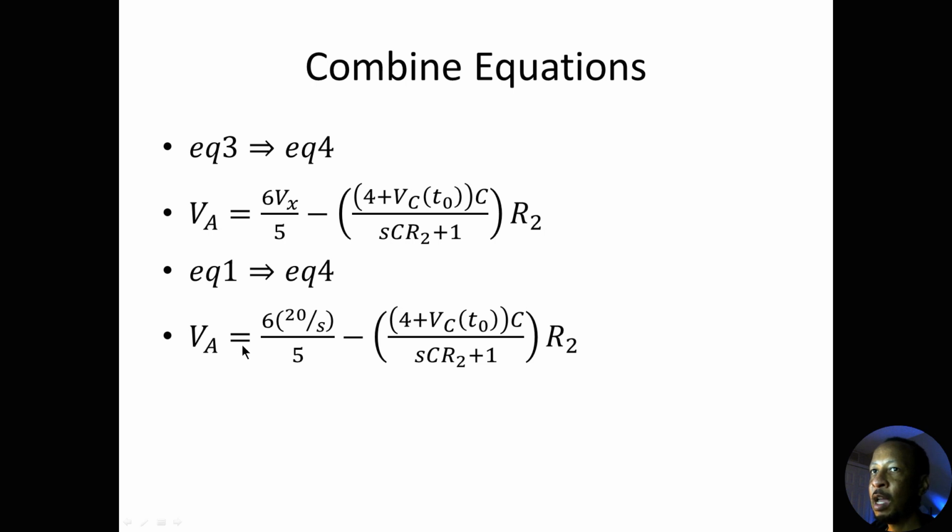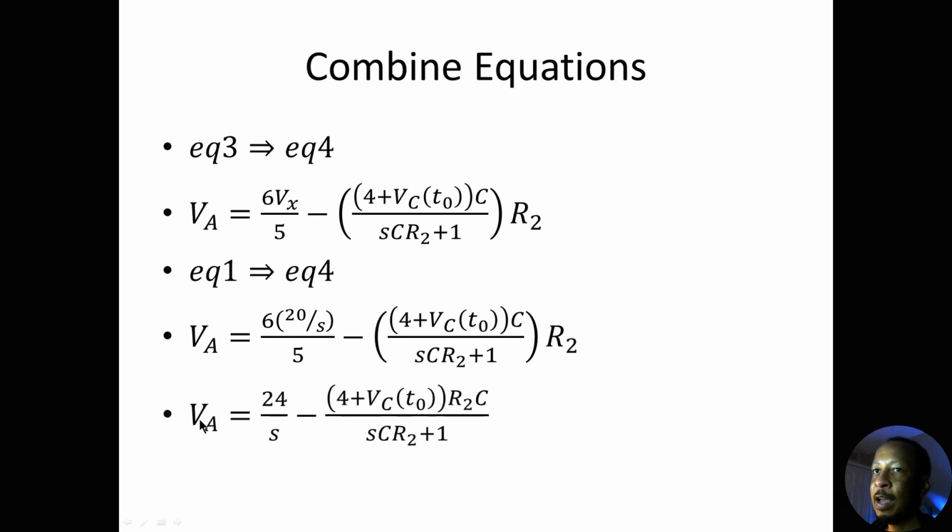That gives me VA equals 6 times 20 over S, all of that divided by 5 minus 4 plus Vc of t sub 0, all of that times C, and all of that divided by SCR2 plus 1, and all of that multiplied by R2. Now I have VA equals 24 over S minus 4 plus Vc of t sub 0, all of that times R2C, and then all of that divided by SCR2 plus 1.